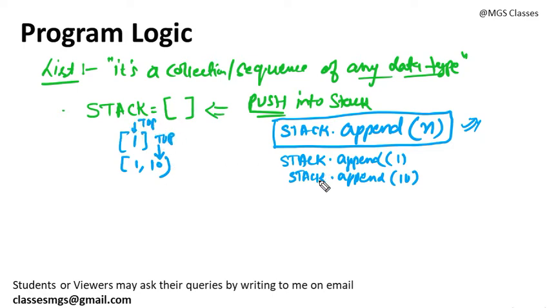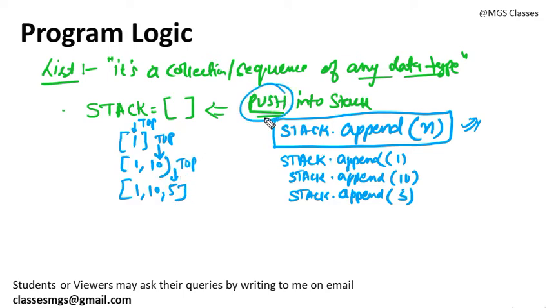Logically we are pointing to it. Let's suppose you insert one more value, append, and let's say 5, then 1, 10, 5 will be inserted, with 5 at the top. So this is how the append method will help you to implement the push operation.